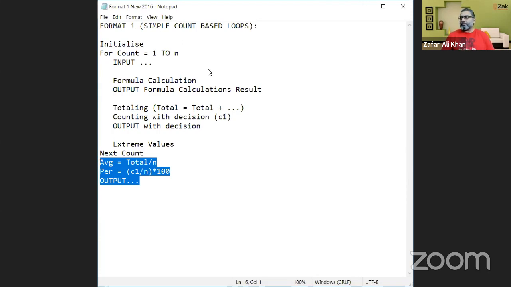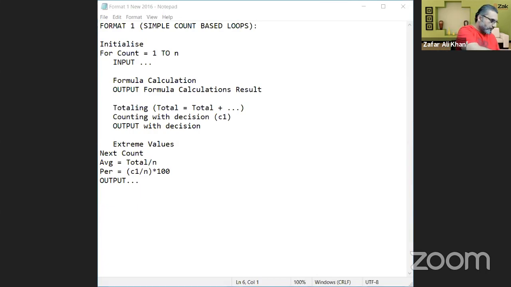So now, what is output with decision? As in with counting with decision, that we have got one if attached to counting.